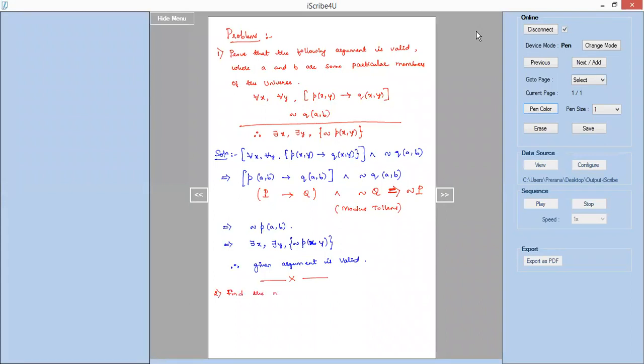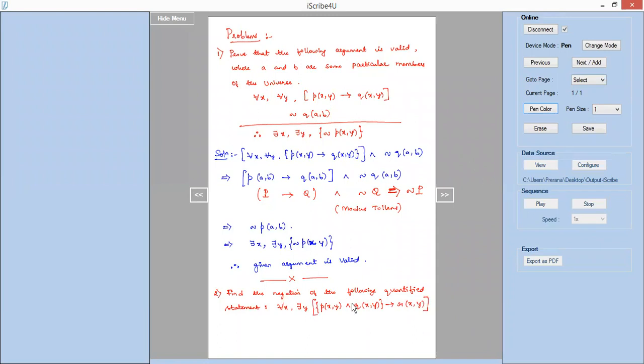The statement given for us is: for every x, for some y, p(x, y) and q(x, y), conditional r(x, y).